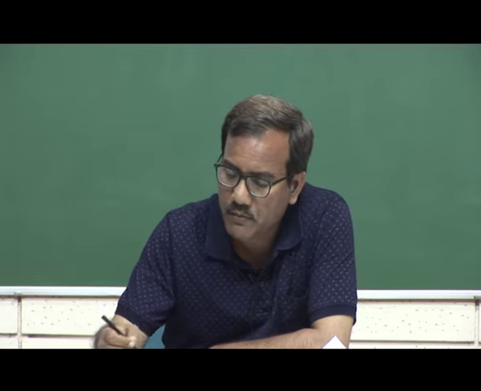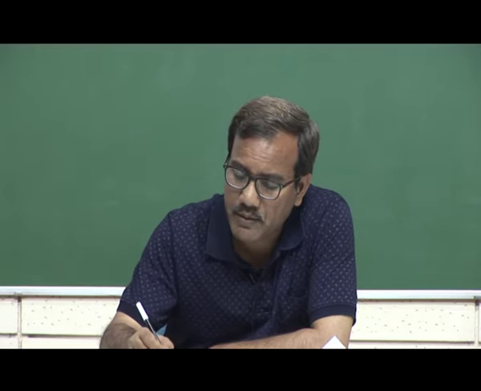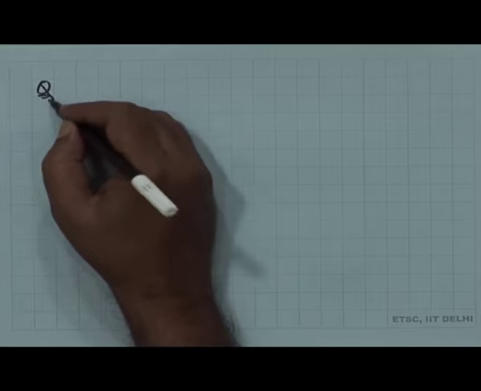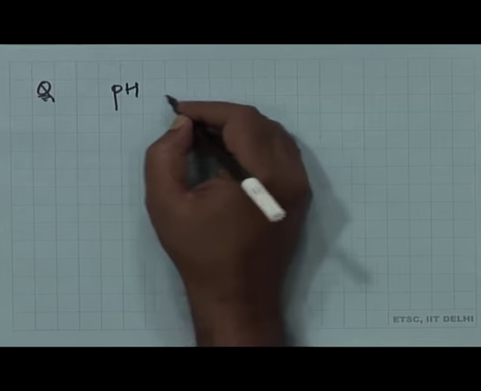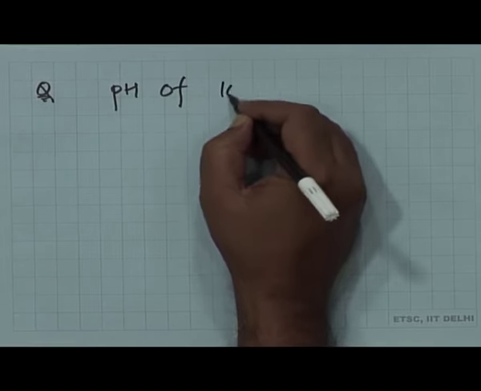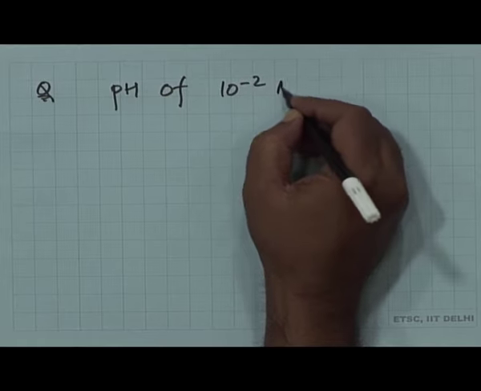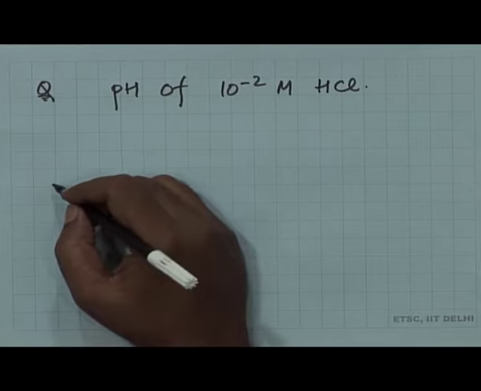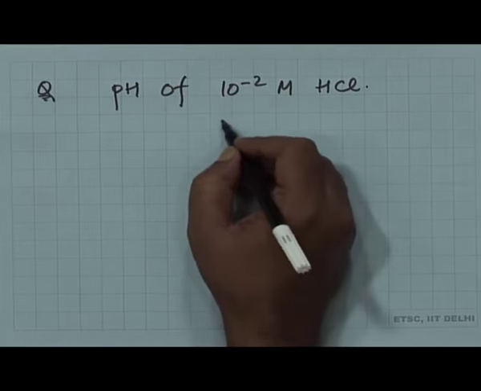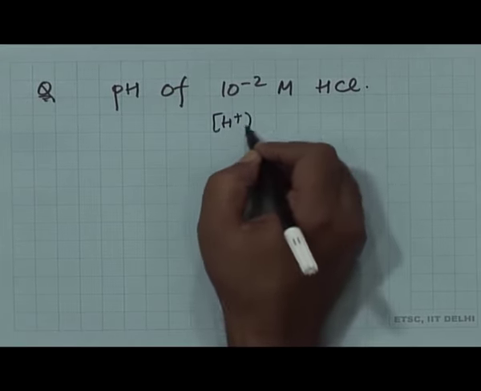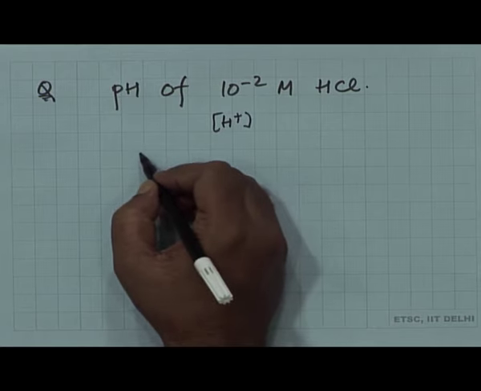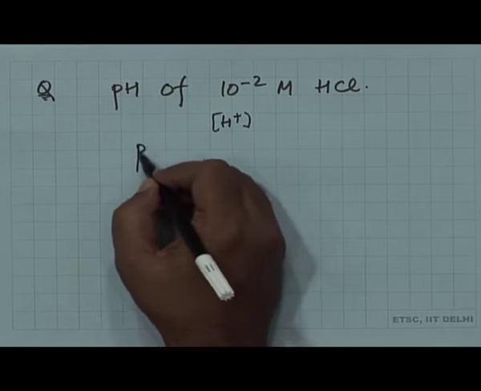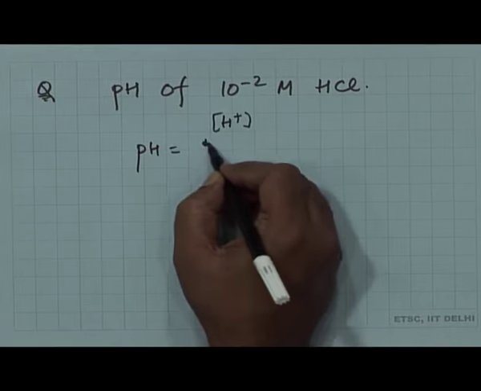Now, let us take a simple example of pH. Suppose I need to calculate the pH of 10 to the power minus 2 molar HCl. First we need to know the H plus ion concentration, since pH is minus log H plus.